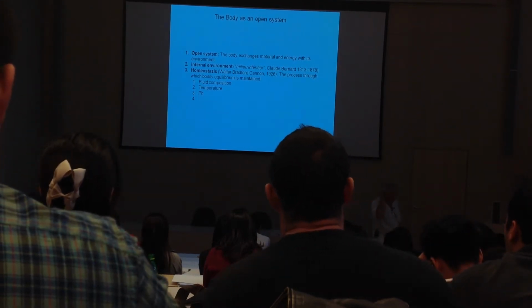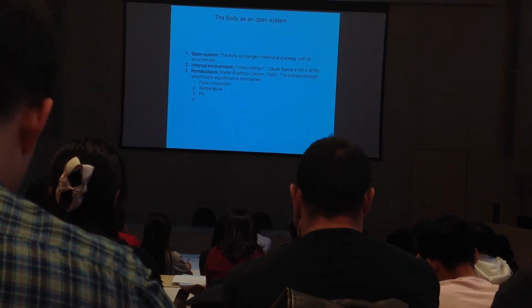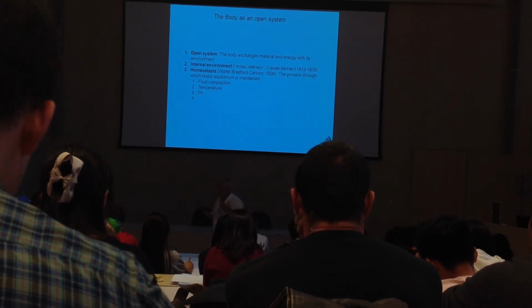Body as an open system. We are going to return to this point several times during our physiology course, referring to the fact that the body is always in a continuous exchange of matter and energy with the environment. This is what we call an open system.